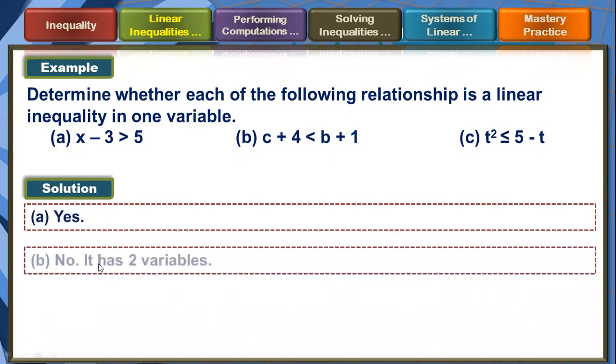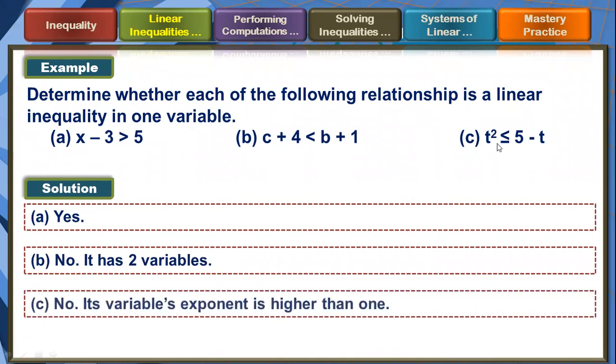For B, no, it has 2 variables. We have C and B, so therefore it's not. And for C, it is also not a linear inequality in one variable, because its variable's exponent is higher than 1. So look at this. The exponent is 2. So it's not 1. So therefore it's not.